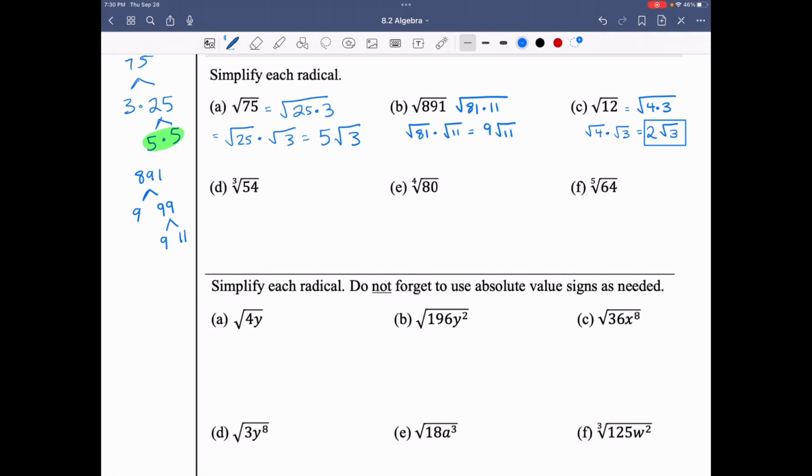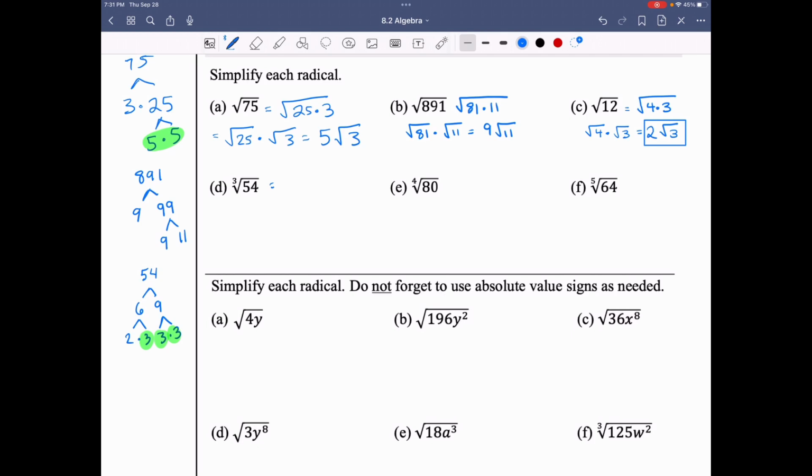For the cube root of 54, I want to make a factor tree. So 54 is 6 times 9, and 6 is 2 times 3, and 9 is 3 times 3. Since it's a cube root of 54, I need to take out 3 numbers. So what is 3 times 3 times 3?